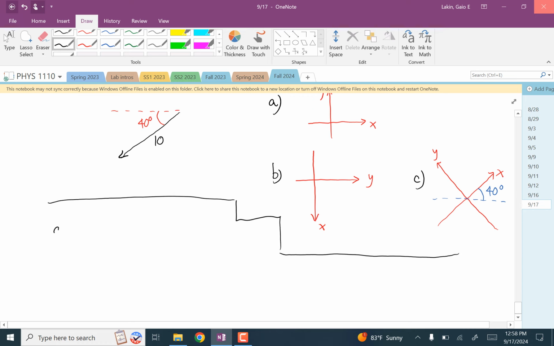Okay, so the first one, this is the stuff we've been doing. So I'm going to draw the coordinate system, put the tail of the vector at the origin, and we know that this angle is 40 degrees. If we go counterclockwise from the x-axis to the vector, that's 90, 180, 220.